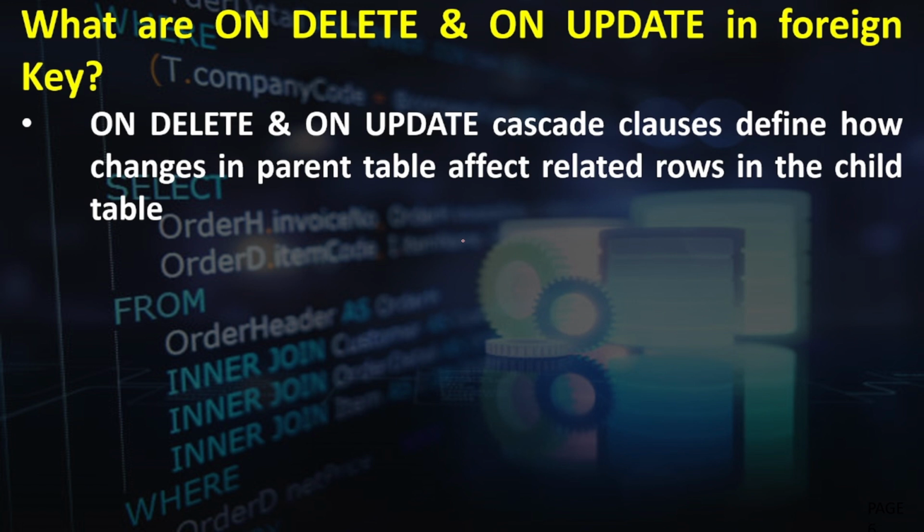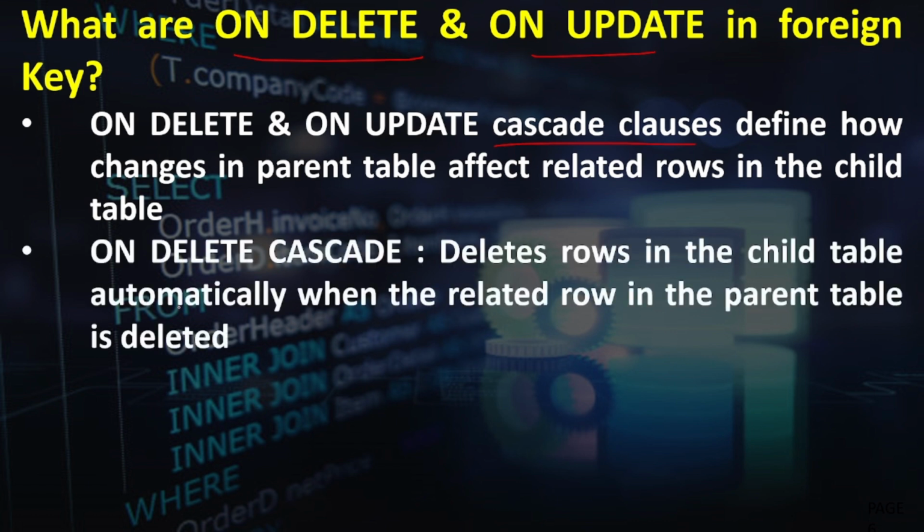Make sense? I'm going to cover the second part, the follow-up question: what are on delete and on update in a foreign key? On delete and on update on a foreign key are called cascade clauses, and they maintain the consistency. What happens with on delete cascade? If parent table data gets deleted, all the child table data related to that parent will be deleted automatically, so that the data will be consistent.